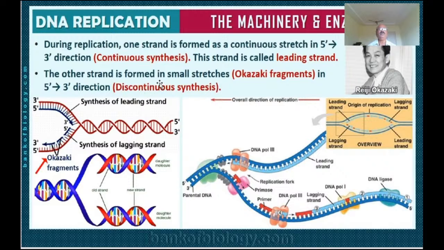This is called discontinuous synthesis. You see, this is one DNA fragment, this is one fragment, this is another fragment. Whereas here the continuous strand is called the leading strand, and these are called Okazaki fragments. So here we can observe continuous synthesis, and here discontinuous synthesis.